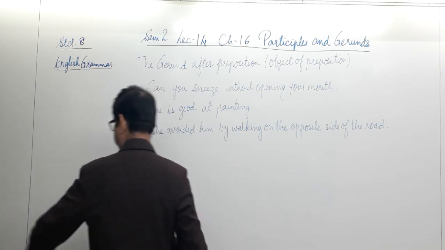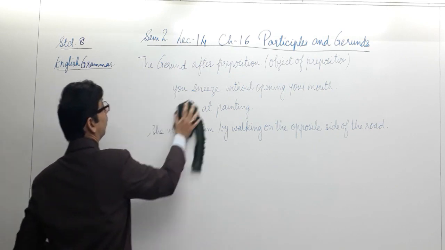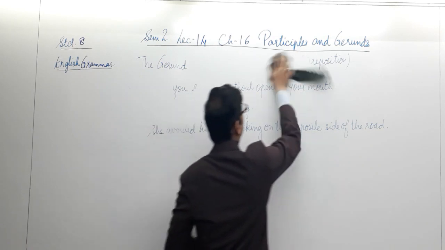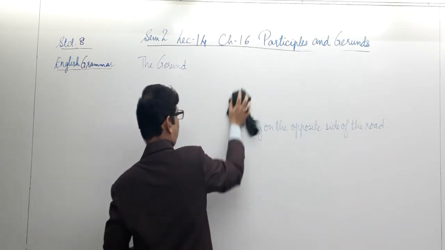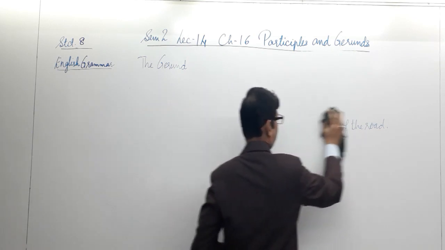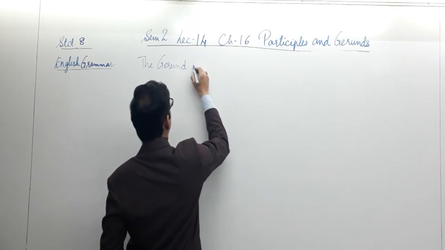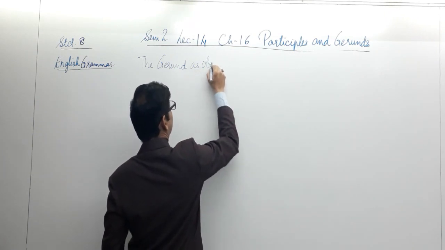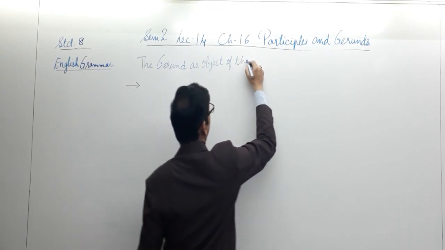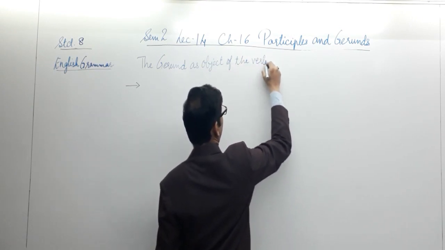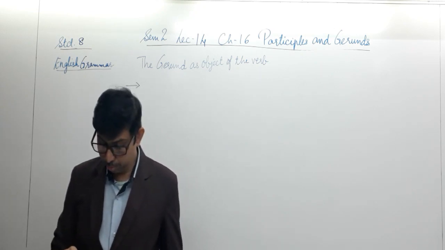Similarly, right over here, object of sentence. Let us write examples for gerund as the object of the verb.